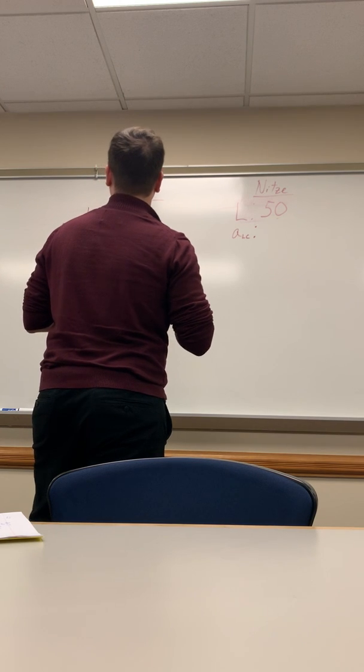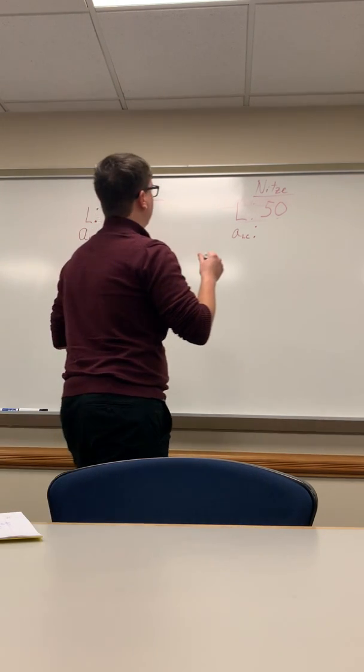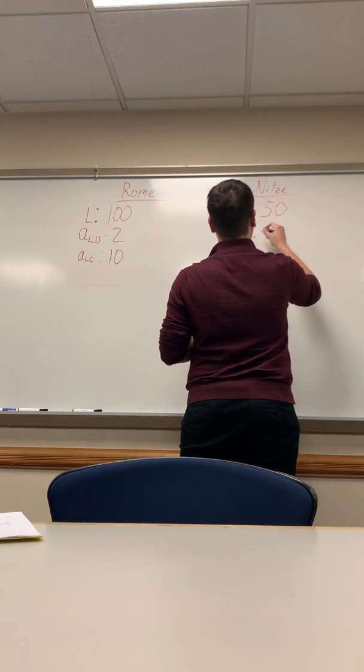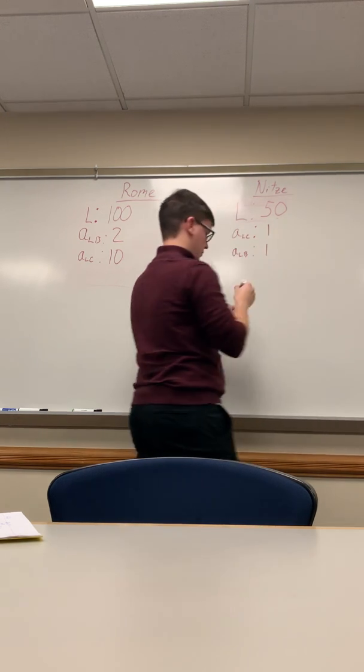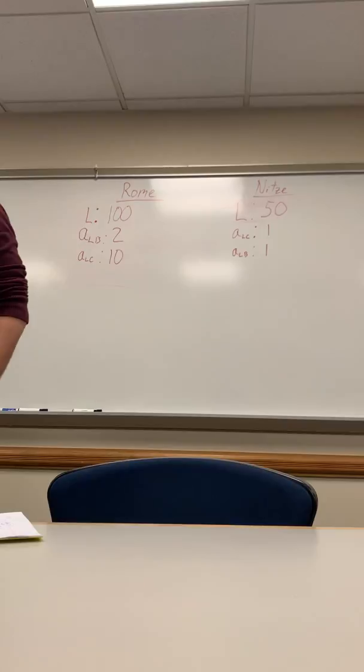Okay, this is how I want to do it. ALC is 1, ALB also 1. So here is our scenario. The first thing we need to do, like I mentioned, is look for comparative advantage.